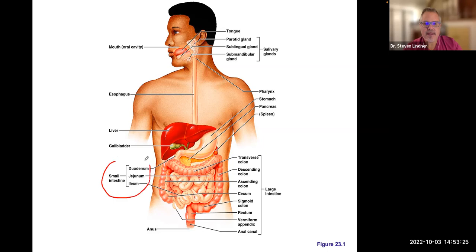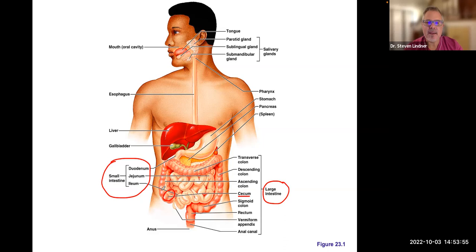The small intestine is broken down into the first part, the duodenum, then the jejunum, and then the final part called the ileum. After the ileum leads into this part here of the colon or the large intestine. That's called the cecum.